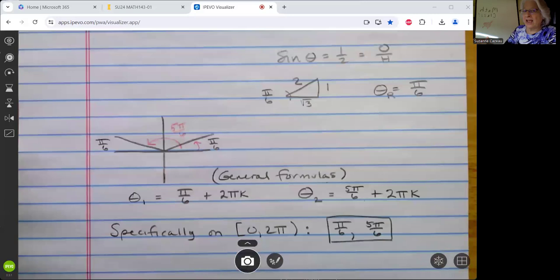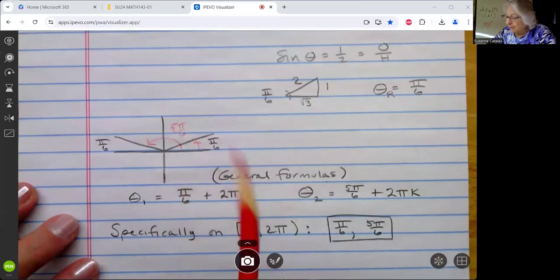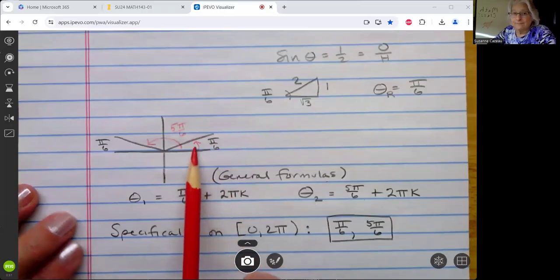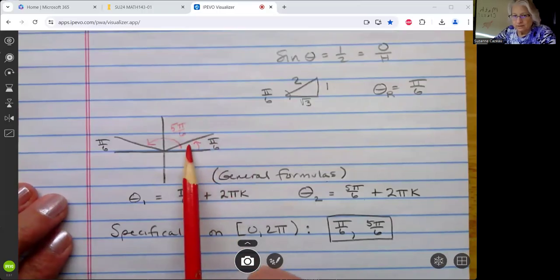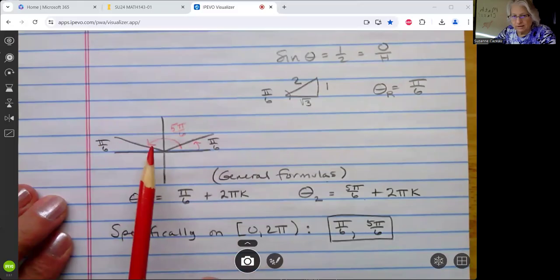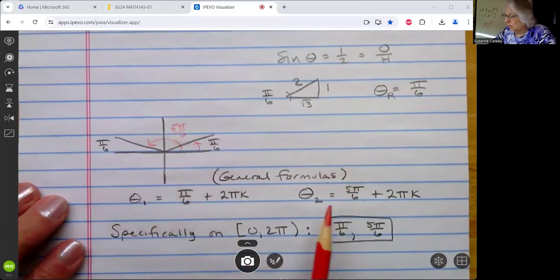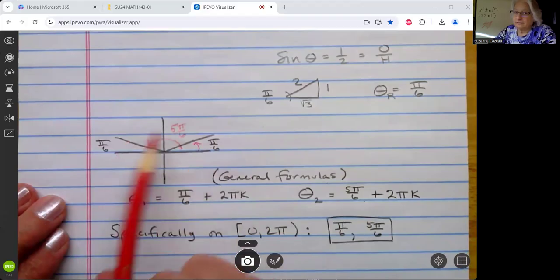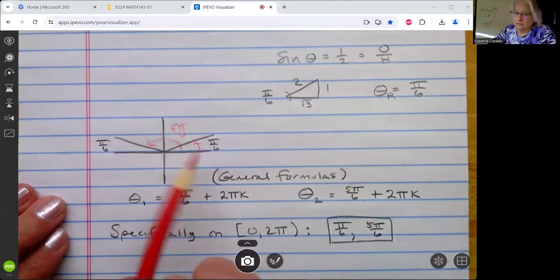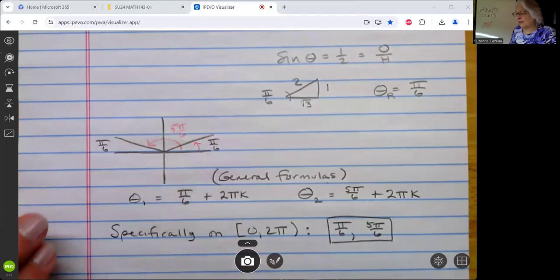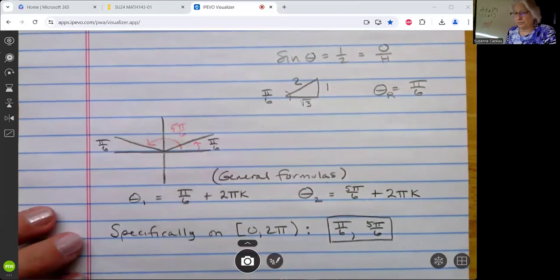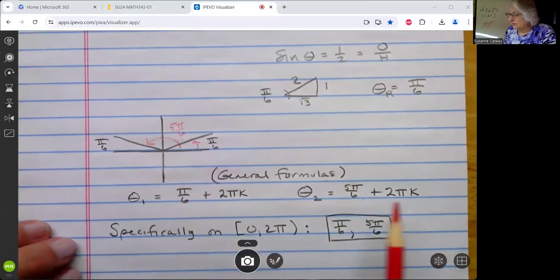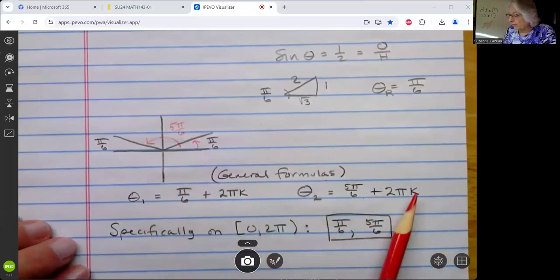That's 2 pi k where k is an integer. So I have pi over 6 plus 2 pi k for this angle. For the angle over here, you go 5 pi over 6, then add 2 pi k. That could be negative too, going the other direction. There are the general formulas.